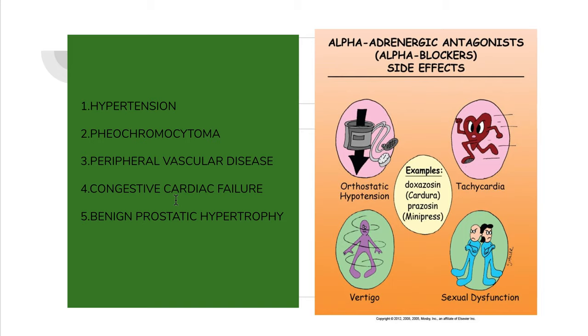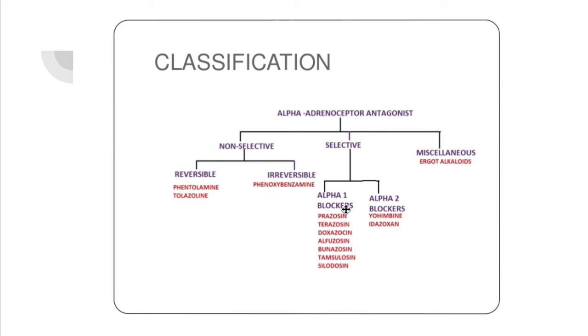It results in lower urinary tract symptoms. So there's basically incomplete voiding, urgency, and blockade of the flow of urine from the bladder. And the administration of prazosin reduces the resistance to the urine outflow. So these are the uses of alpha blockers. And alpha 1 selective drug was prazosin, and alpha 2 is yohimbine.